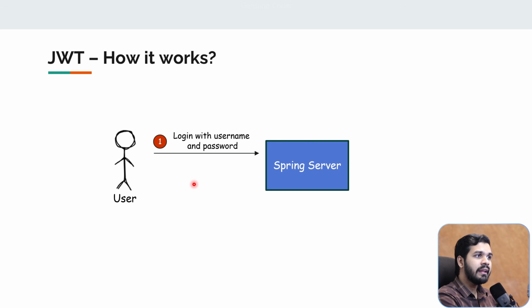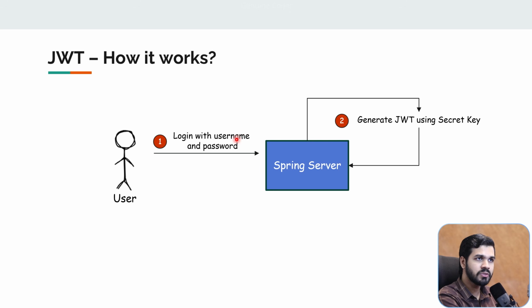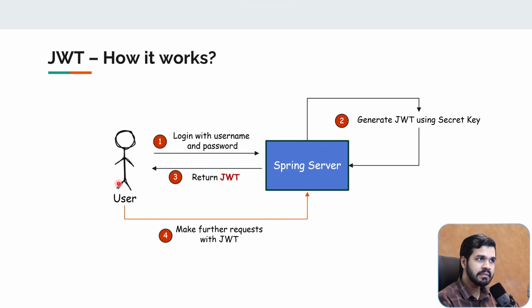The user will initiate a login procedure using his own username and password. Then if it is a valid one, the Spring server will create a JWT token and return it back to the user. And for all subsequent requests, this JWT can be used as a passkey or an access key to authenticate and authorize with the Spring Boot server. So that is the very basic idea.